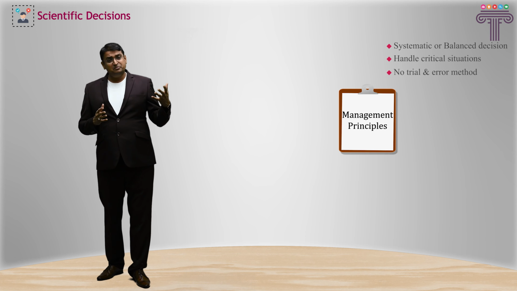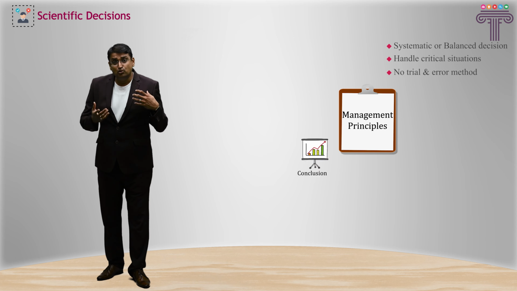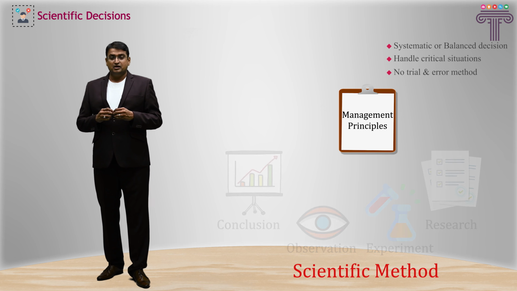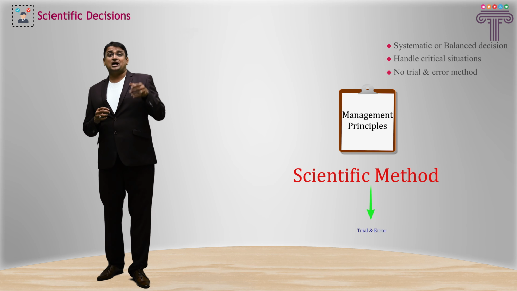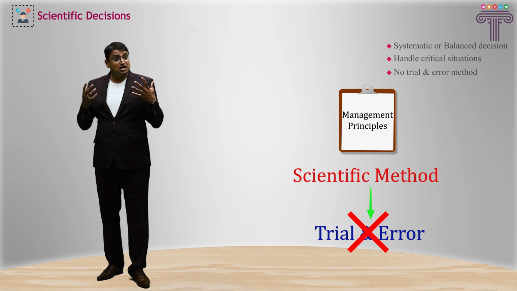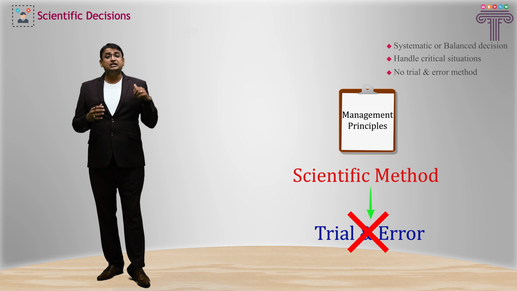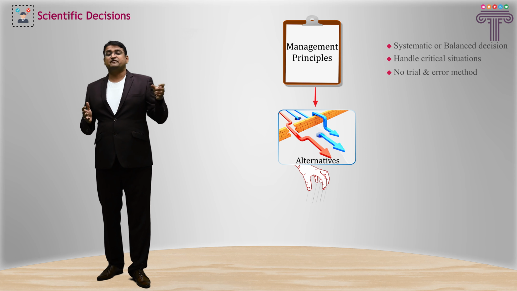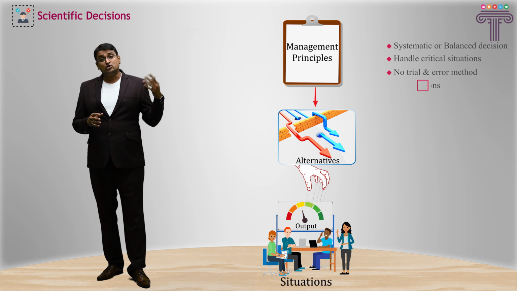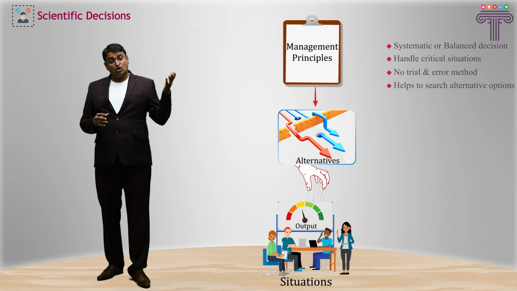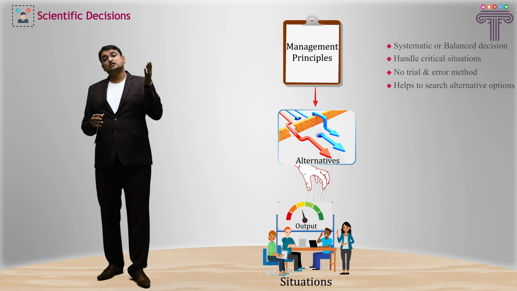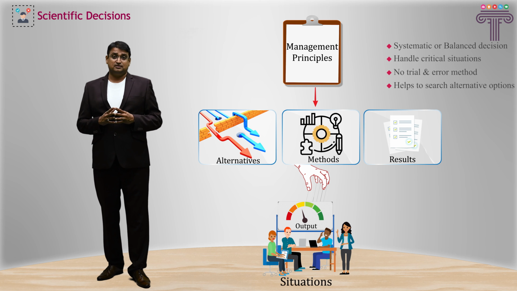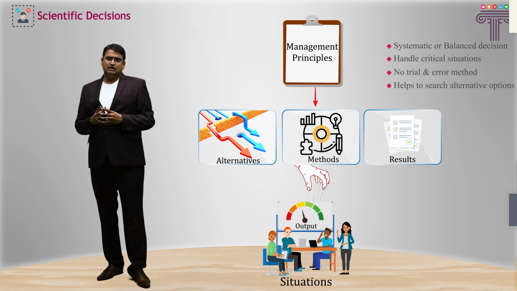So management principles give us a boon, a tool to use scientific methods. It avoids trial and error. It has other advantages also, like it gives us a lot of alternatives to handle specific situations. Not only alternative options, but it also gives us different methods and the probable results of these methods.